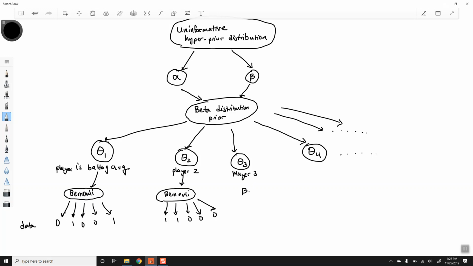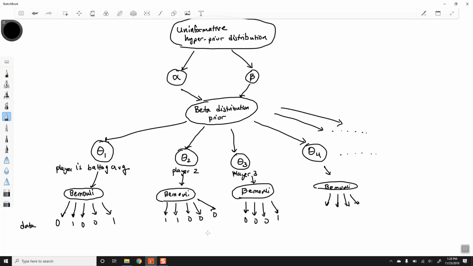This gets a different Bernoulli: 0, 0, 0, 1. Something like that, and so on and so forth. The Bernoulli just produces the actual hits or misses that we observe. And this would probably be arranged in some kind of matrix.